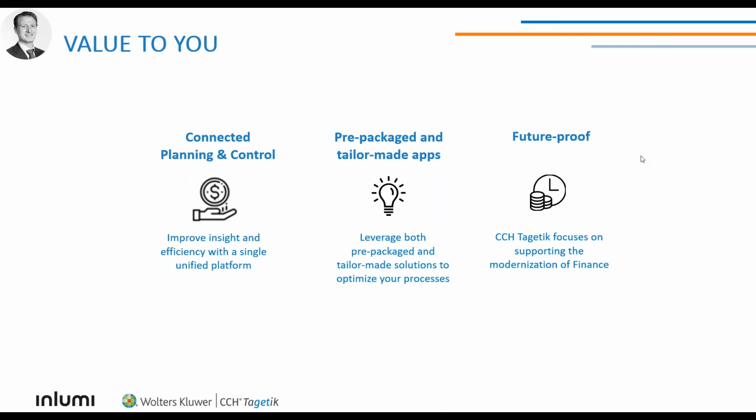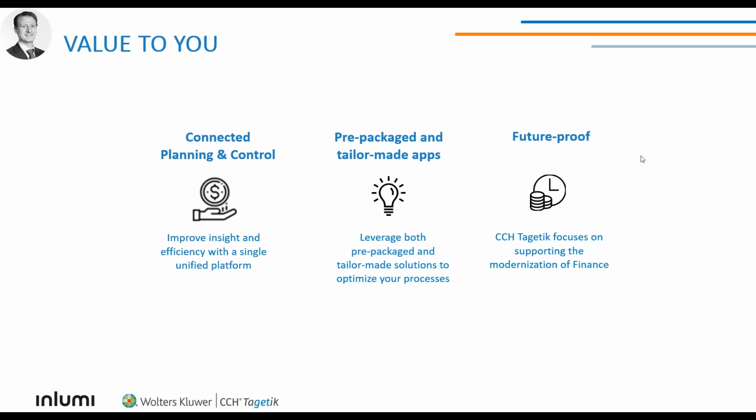You can really support a part of the planning process, which some organizations do in Excel, or sometimes use different tools to do that. And in this way, you can really use a single platform to support different planning processes at different levels of granularity.